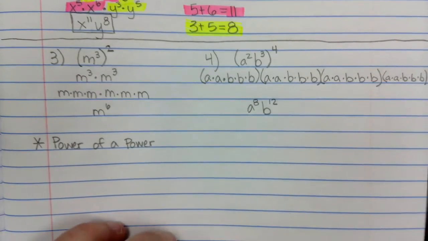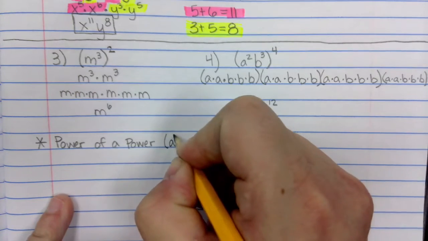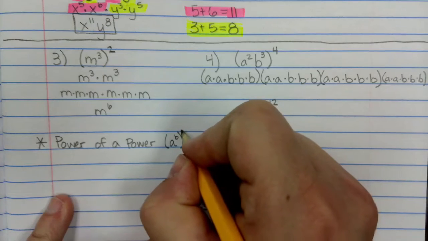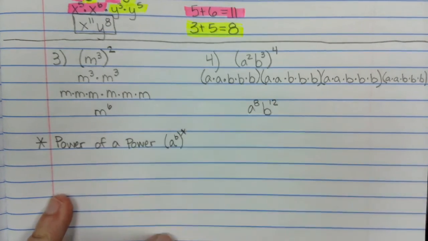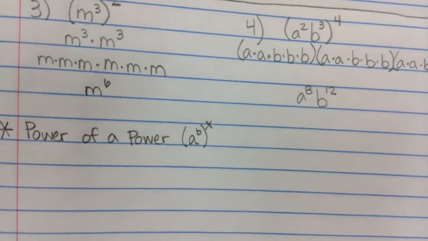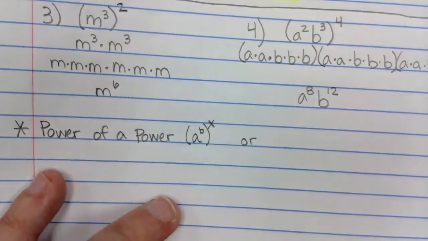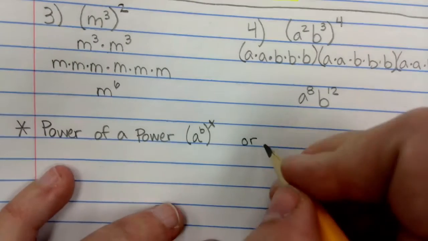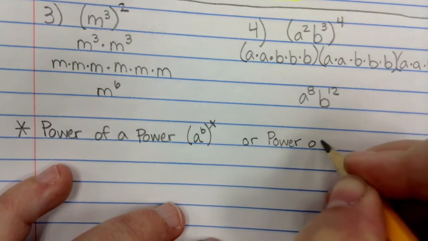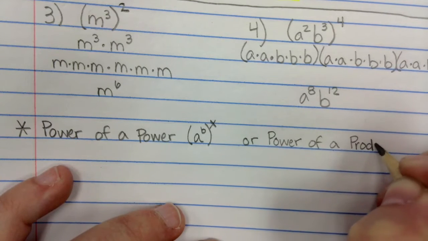And power of a power will look like inside the parentheses, we have like an A to the B power, and then we have another power on the outside like X. Or, this is actually another rule at the same time, a power of a product. So again, what does a product tell us?